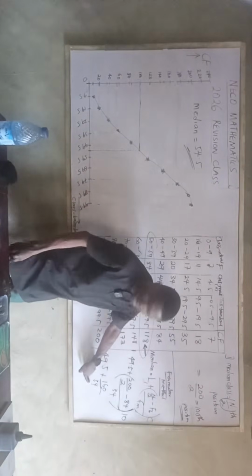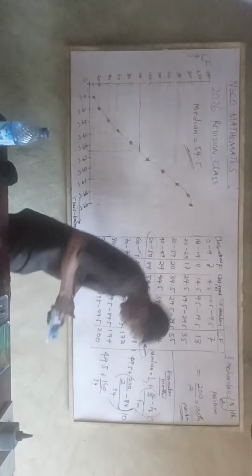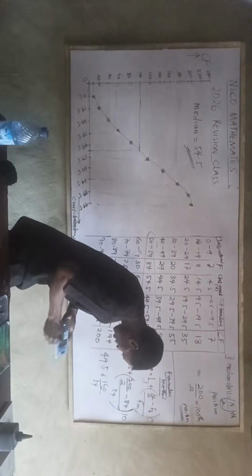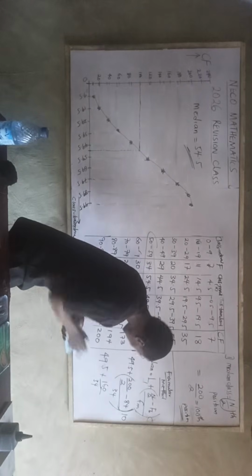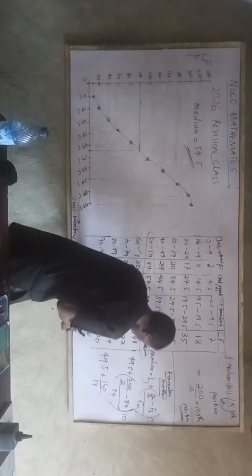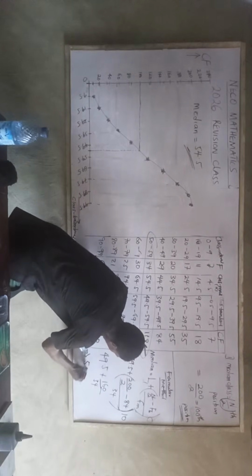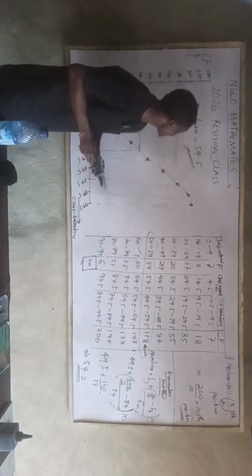So 160 divided by 34, plus 49.5. So you've got that to be 54.2 as the median, calculated.